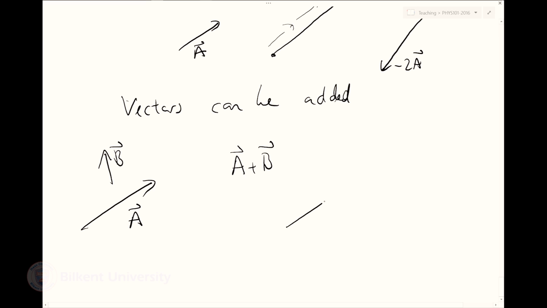I'll just join these vectors so that the tip of one vector becomes the starting point of the next vector. Let's call this C. So I can give you a geometrical definition of what sum means.